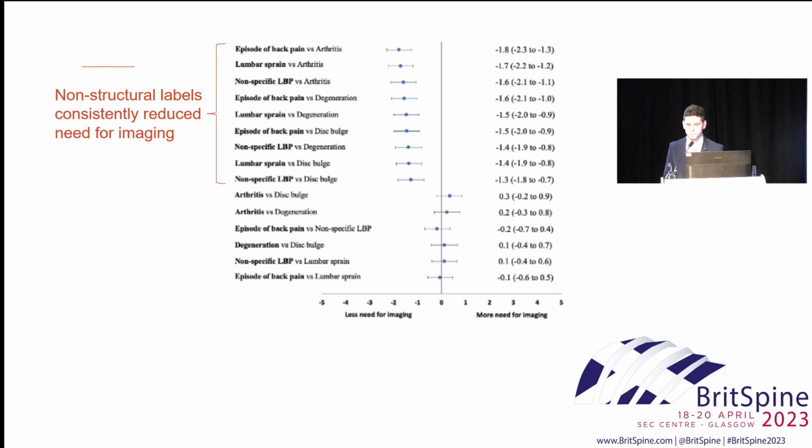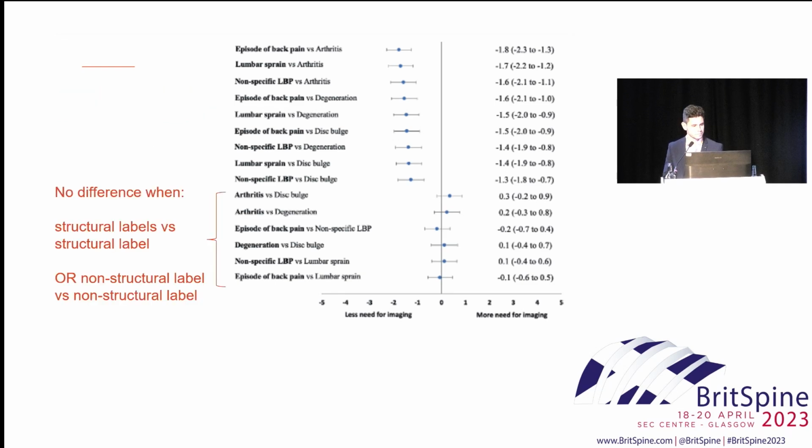You can see the differences between labels were in the order of 1.8 all the way down to 1.3. So very similar effect estimates between the groups, and very consistent across the different comparisons. We didn't find a difference when we compared structural label to structural label, and when we compared a non-structural label to a non-structural label.